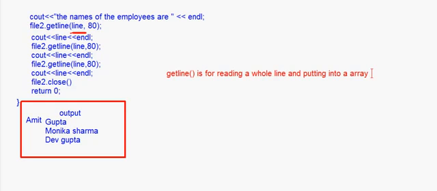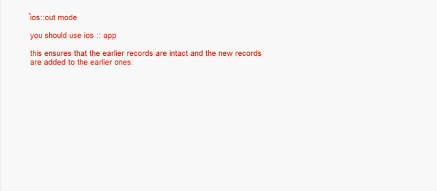Now you have two more functions, one is called the get function and one is the put function, right? Now as I said, getline reads a whole line. Whole line means it contains a lot of characters, right? So it can read a number of characters and puts it into an array.